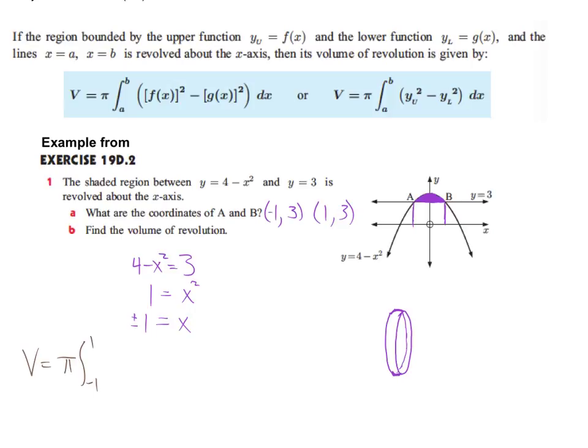Is there any way you can take the volume of revolution about y instead of x? There is, but we're not doing that. There's the disk method and the washer method. You could write it in terms of y, and then integrate along the y-axis.